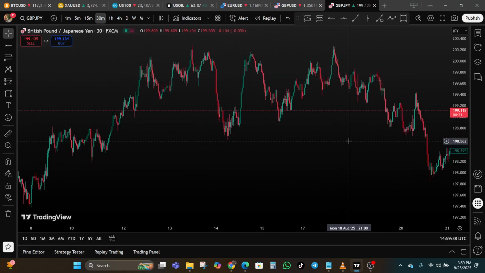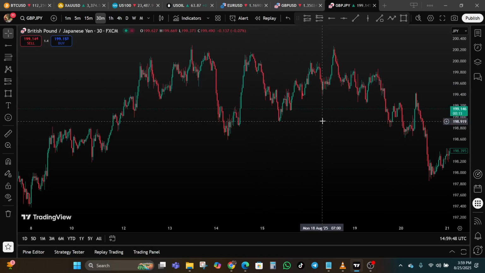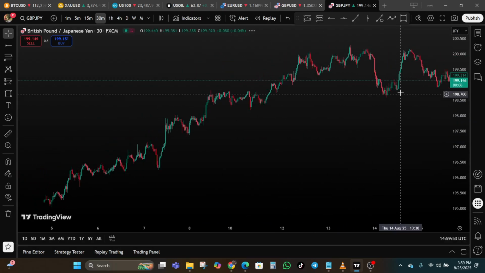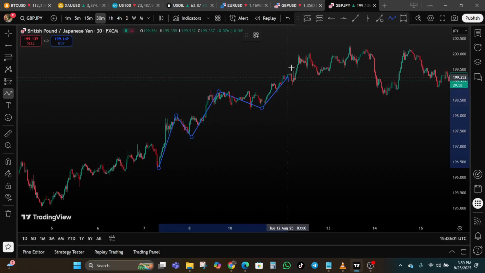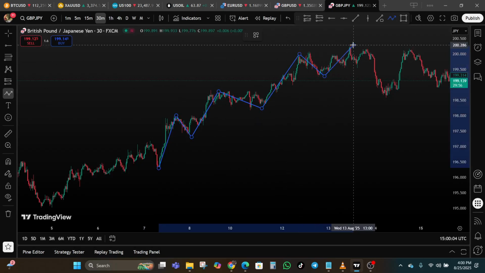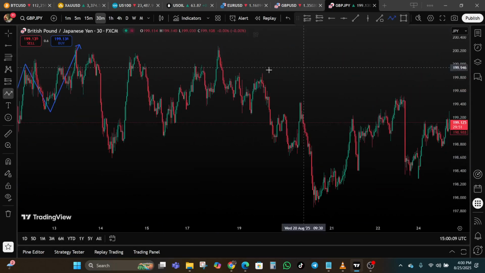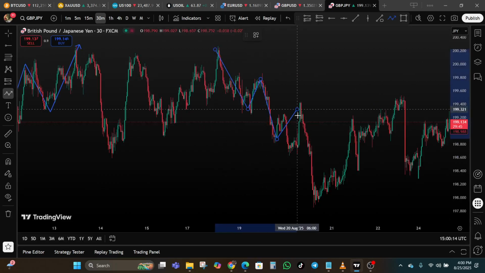All right, so let us quickly start with the basics. When trading the M30 time frame, the first thing to focus on is market structure. Look for clear higher highs and higher lows in an uptrend, or lower lows and lower highs in a downtrend.